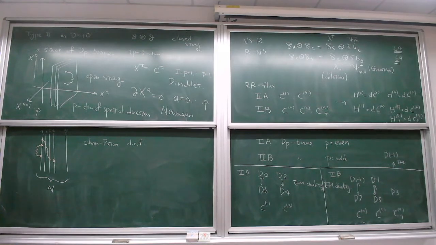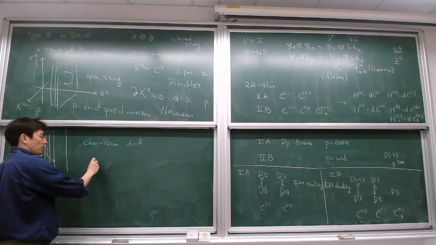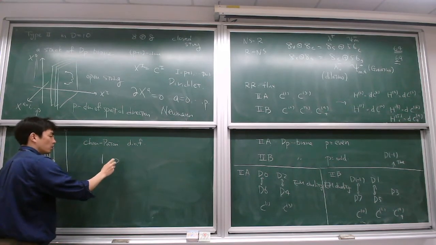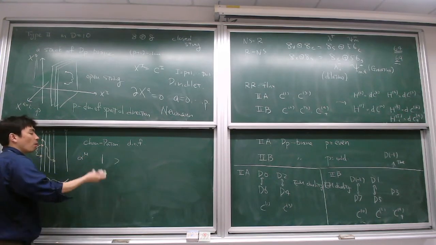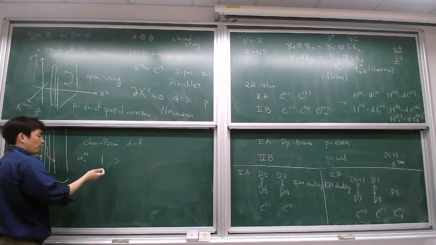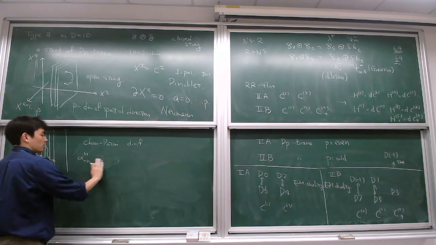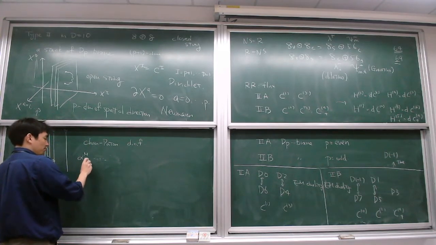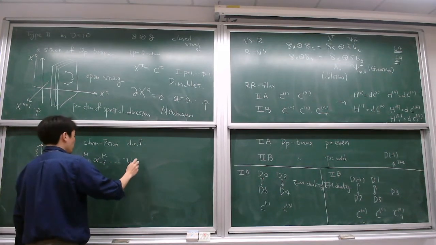So for the open string, as I mentioned, you have a Fock space. You have some vacuum, either NS or Ramond, and you act with only holomorphic or anti-holomorphic oscillators, depending on brane or anti-brane, alpha_{-1}^mu, and so on, and also zero modes can act on this.